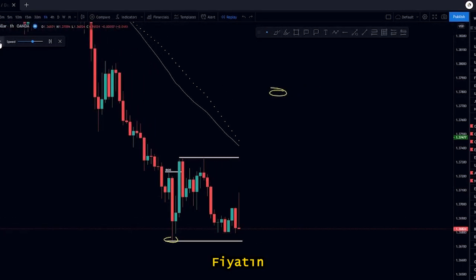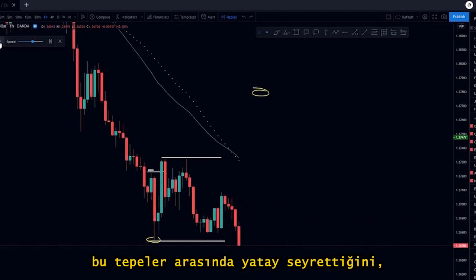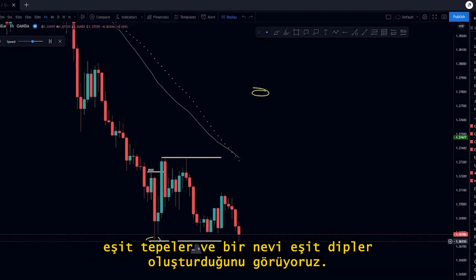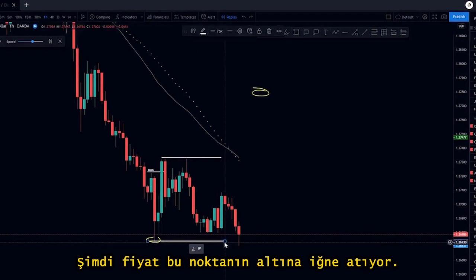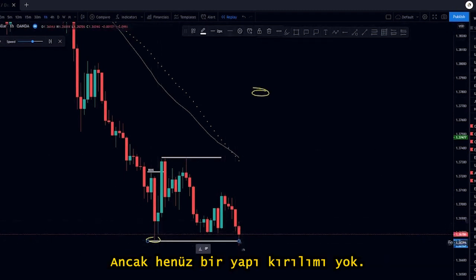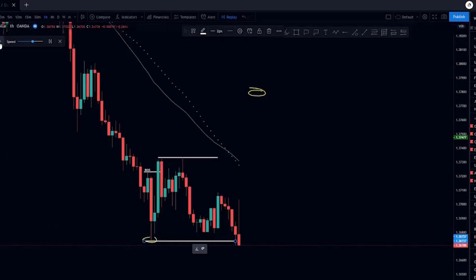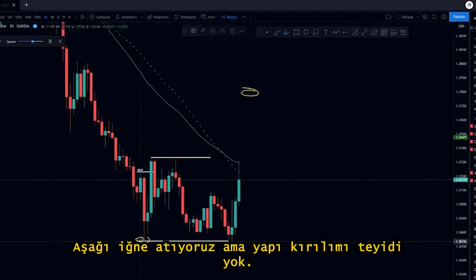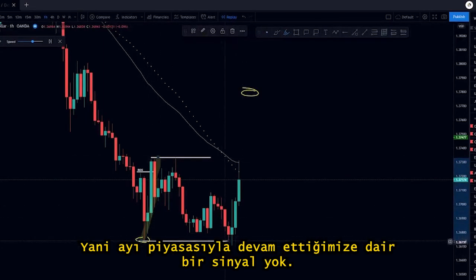We see price somewhat ranging in between these highs with a set of equal highs and somewhat of equal lows. Now, price is spiking below this point. However, there's no break of structure as of yet. Okay, so we're still within this bullish impulse, right? We're spiking below, but no confirmation of a break of structure.